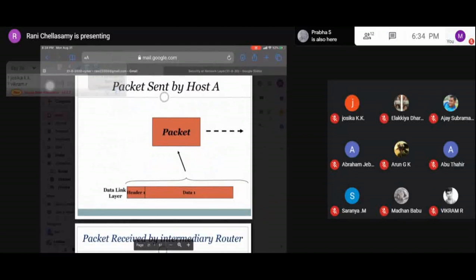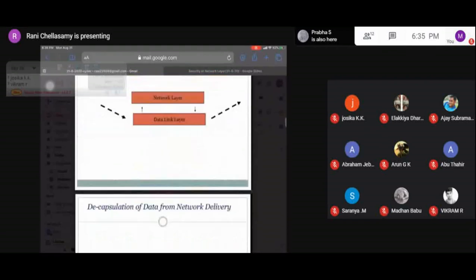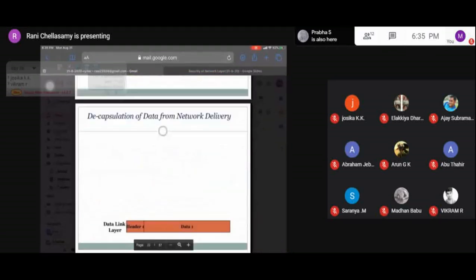From the data link layer, it is passed on to the intermediate routers, which receive the packet. From the sender, it starts at the application layer with the original message, moves to the transport layer, then the network layer, then the data link layer, goes across the network and reaches the receiver.